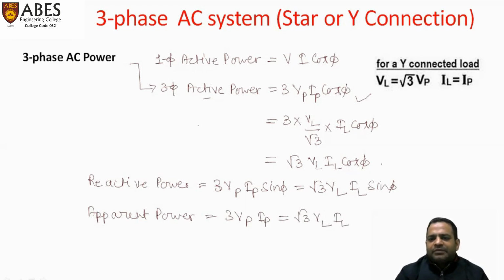The unit of active power is watt, reactive power is volt ampere reactive, and apparent power is volt ampere. In such a way, we have developed the relationship between line and phase quantities of voltages and current.